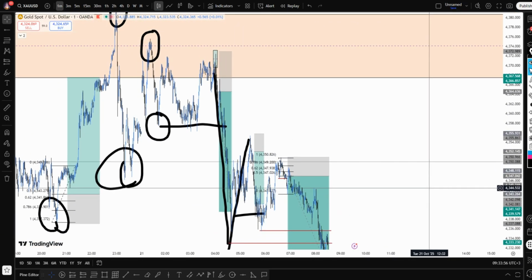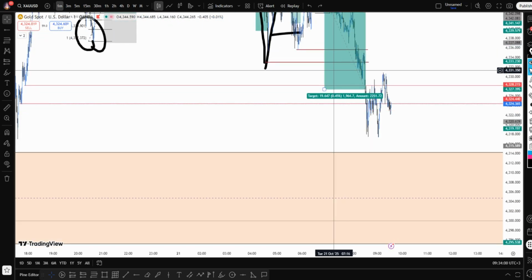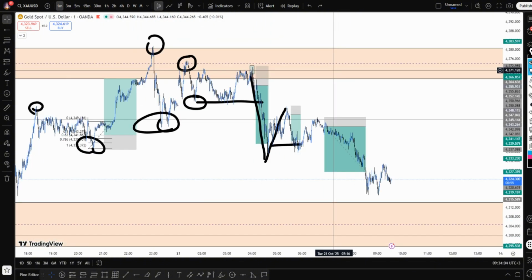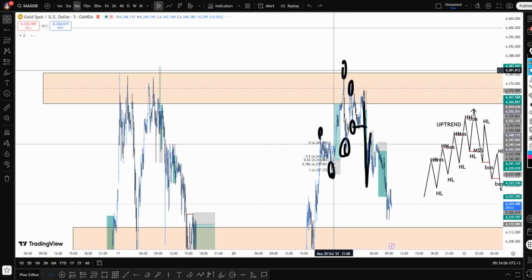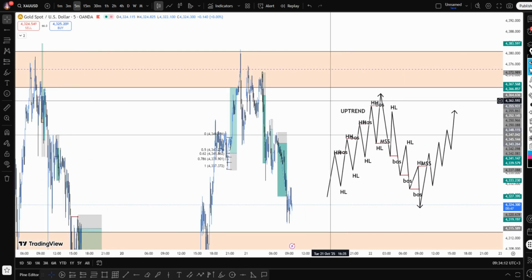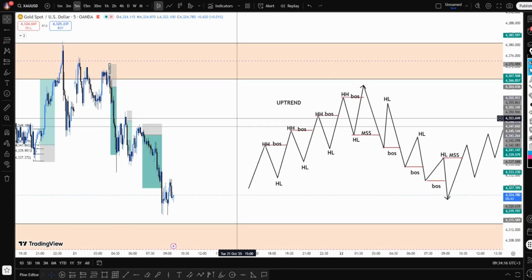So we learned about the breakout structure, market structure shifts, higher highs, higher lows. The next one, we're going to be learning about fair value gap and order block. That's going to take the whole next lesson, because the fair value gaps and the order blocks are the ultimate thing that we're going to be trading.